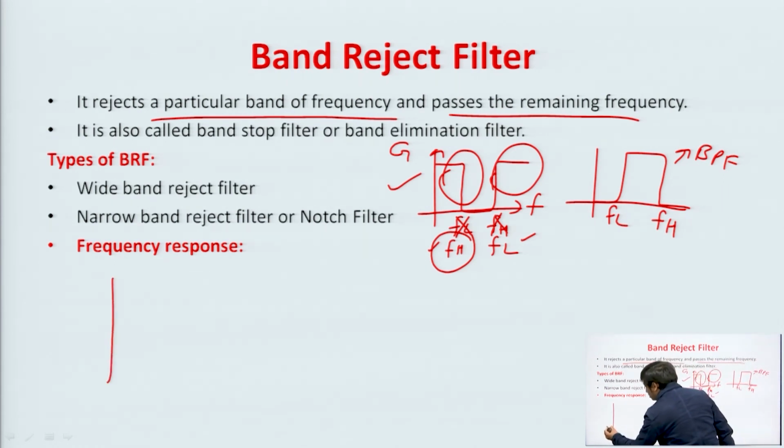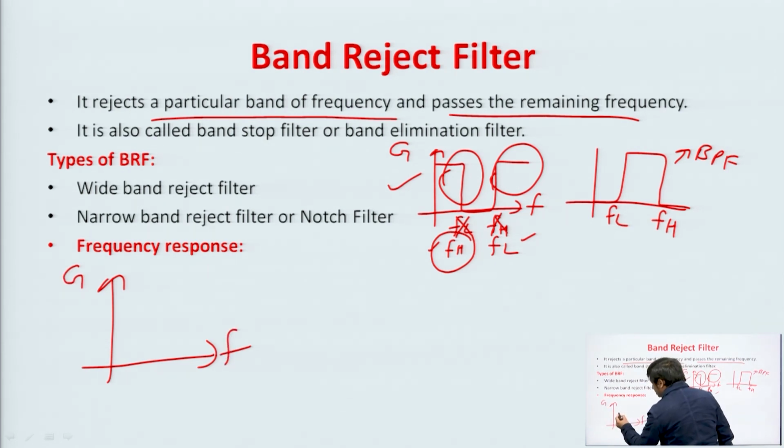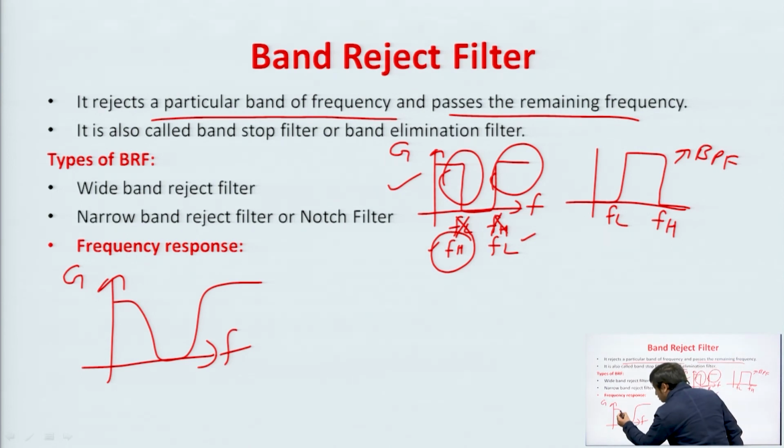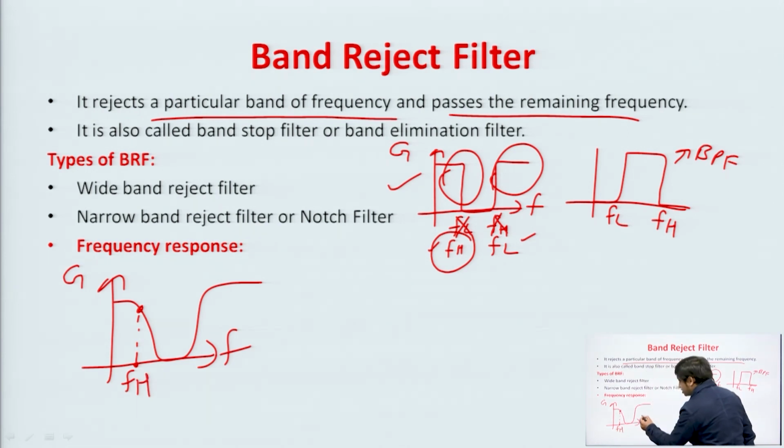When we draw the practical response of this band reject filter, that is the gain versus frequency, the response is this one, fine. So, this is your cutoff frequency, that is FH, and this is another cutoff frequency, that is FL.